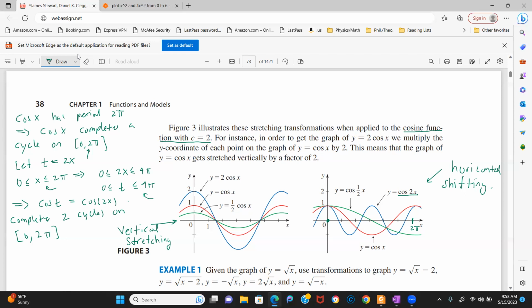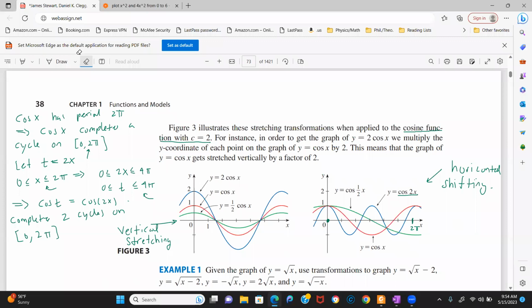And you can see that's the case in the graph. Look at the blue curve right here. It starts here. You can see it completes 2 cycles. It goes down and then it goes up. So there's 1 cycle, and then it goes down and up again. There's a second cycle. So over the interval 2 pi, it completes two cycles.